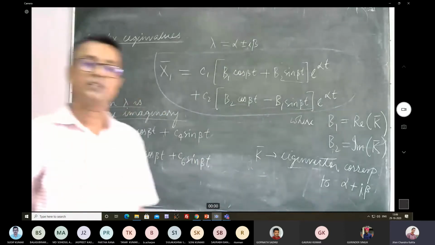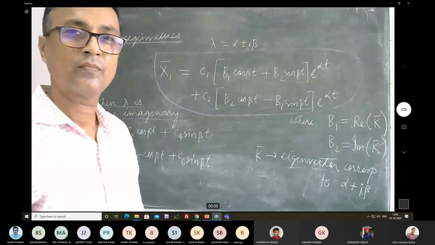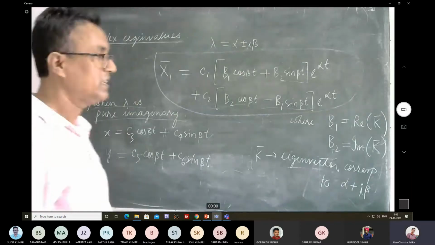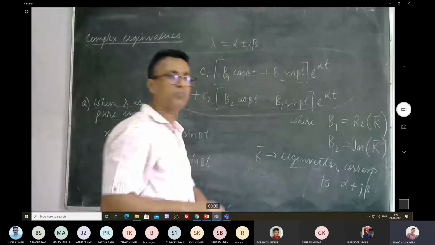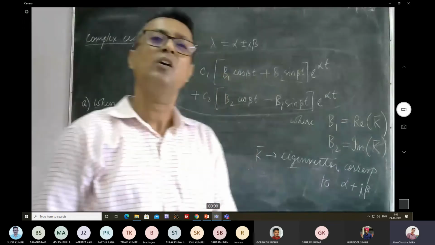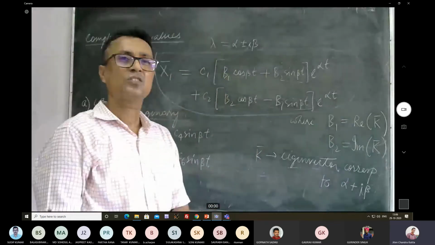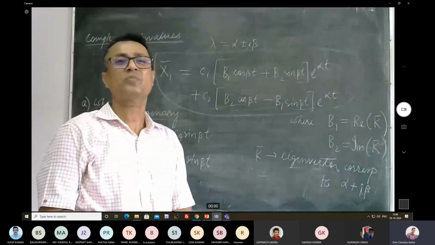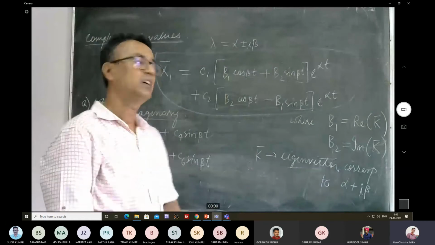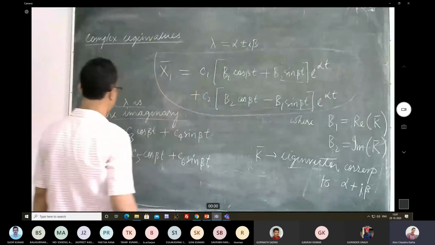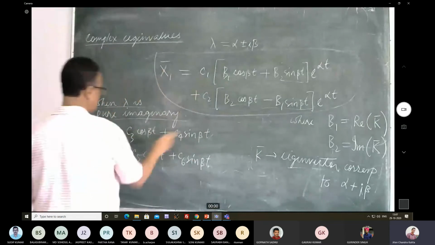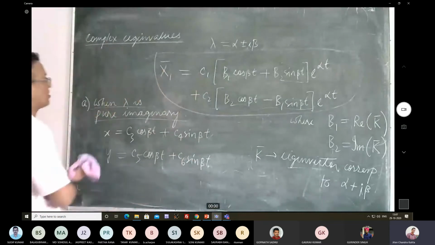Because B1 and B2 are nothing but the real and imaginary parts of the eigenvector, their entries are going to be real numbers. Of course, here C3, C4, C5, C6 are some real constants.